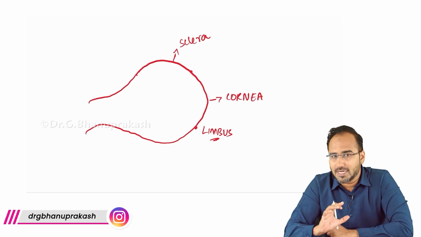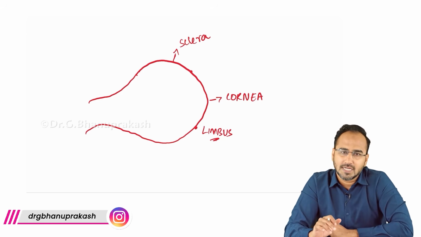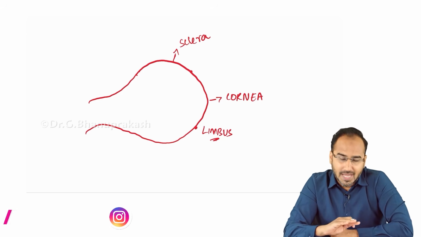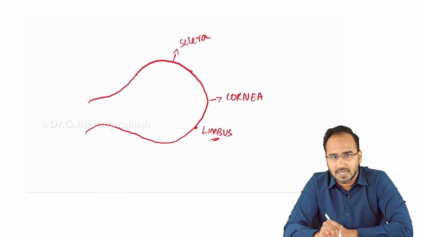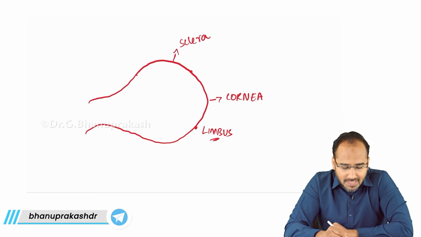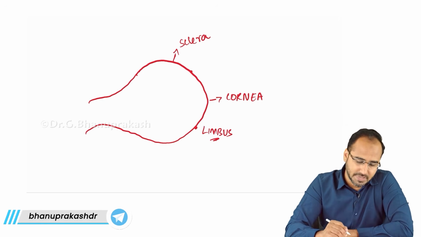We are discussing the structural anatomy of the eye, the outermost layer. The anterior outermost layer is cornea, the posterior outermost layer is sclera, and the junction between them is called the limbus.